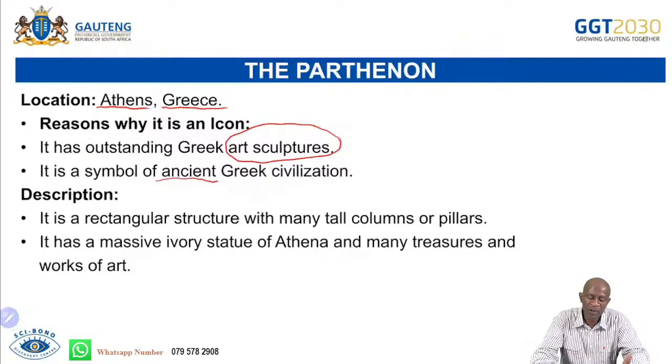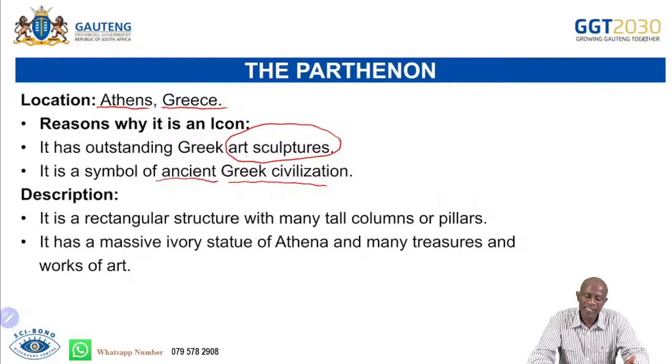So if we say ancient, we're referring to something that is very old or that has existed for many years. And this icon, Parthenon, symbolizes the ancient Greek civilization.